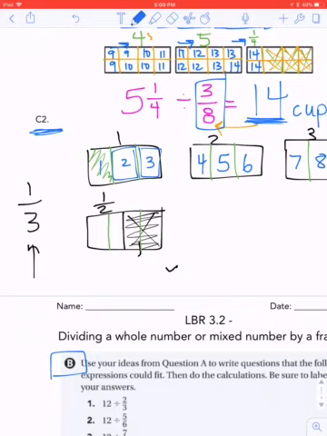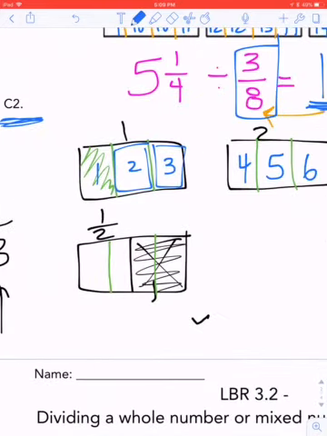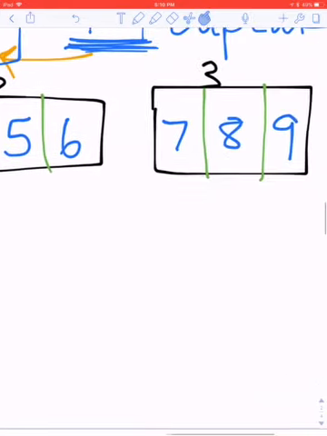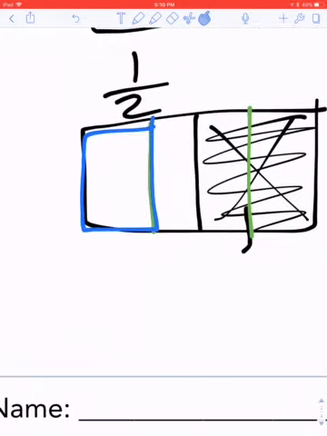And now I'm down to my 1/2 cup here. I can clearly see when I split it up into the thirds in my green color that, what number am I at? I'm at 10. So this would be cup number 10.